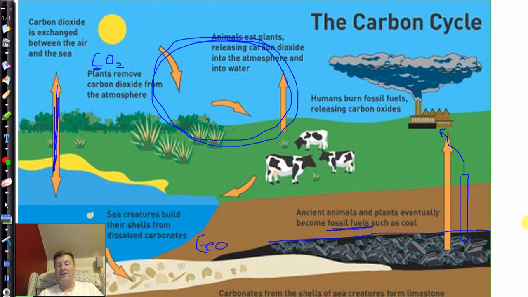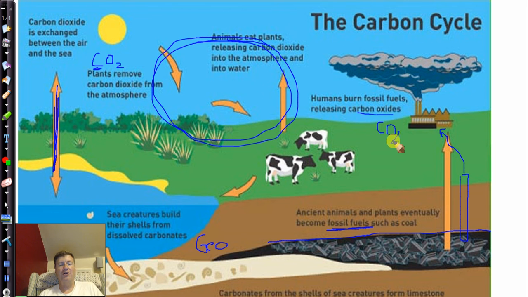Because this stuff used to be alive, it contained carbon. Whenever we burn anything, if you burn wood in your fireplace or you burn fossil fuels, you're going to release carbon oxides, CO2 in particular. The concern is that CO2 seems to be linked to increasing global temperature.